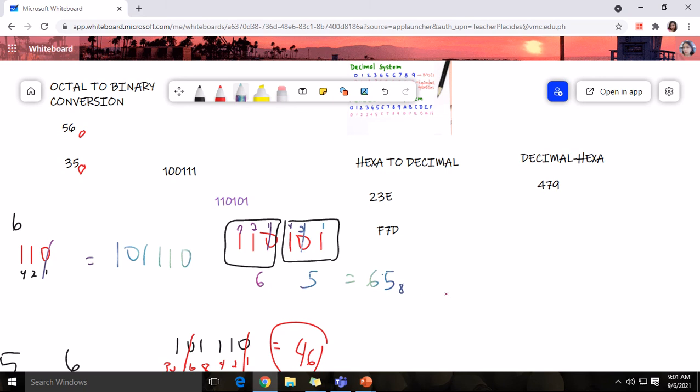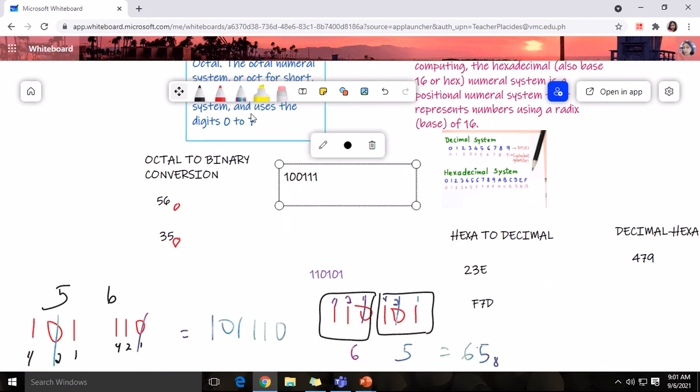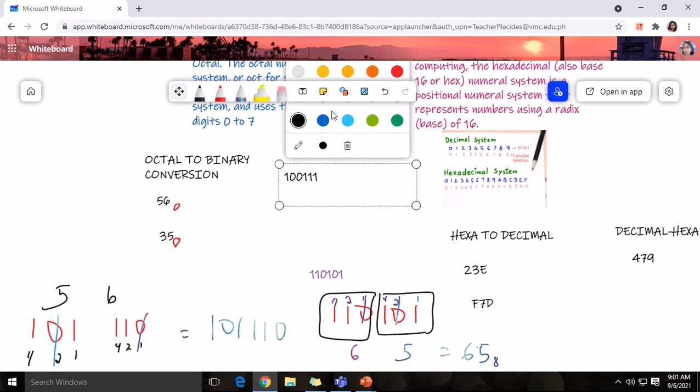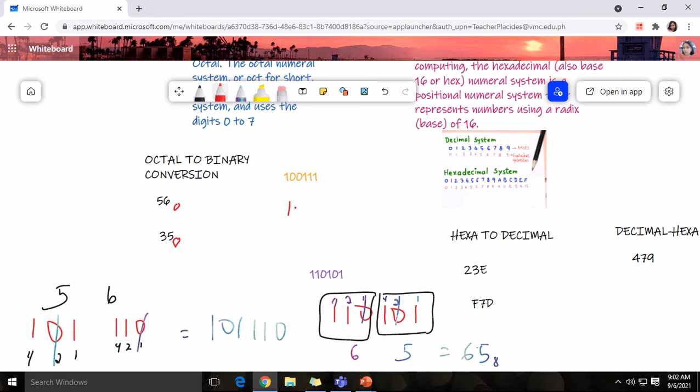Okay? So next, another. This one. I will copy this one. So 101, 100, 1, 1, 1, and then divide.